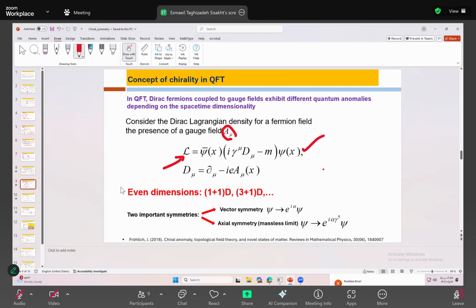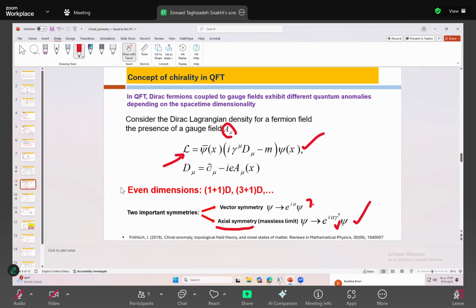And similarly, because of the dimensionality, I mean the even dimension, here in addition to the usual vector symmetry, which transforms the state as usual, there is no spatial difference, but for even dimension, another extra transformation or symmetry we can define in connection with the gamma 5 that I mentioned, and that is this one.